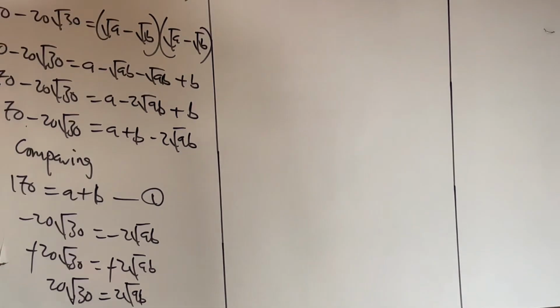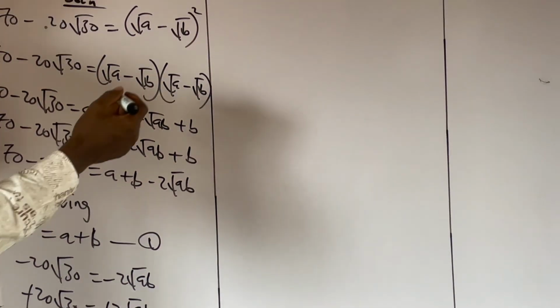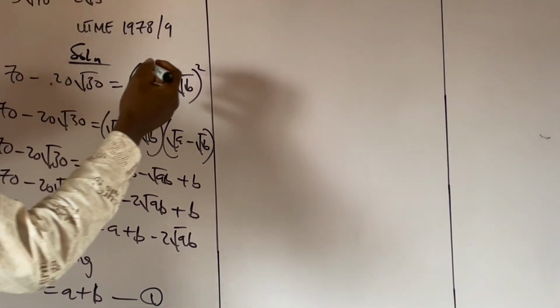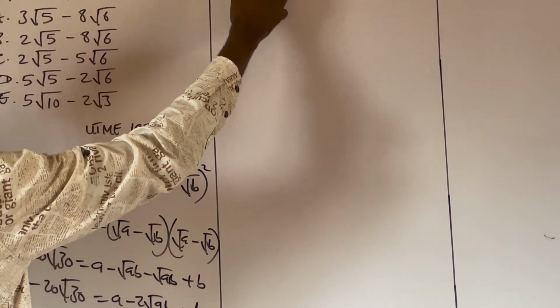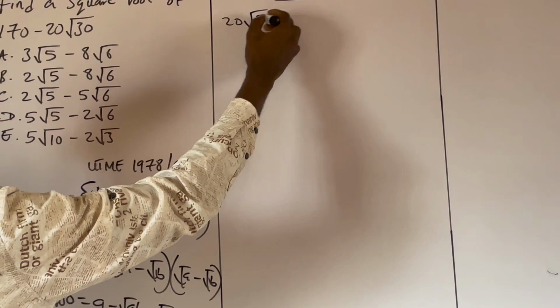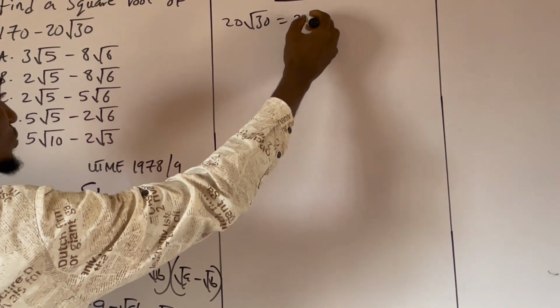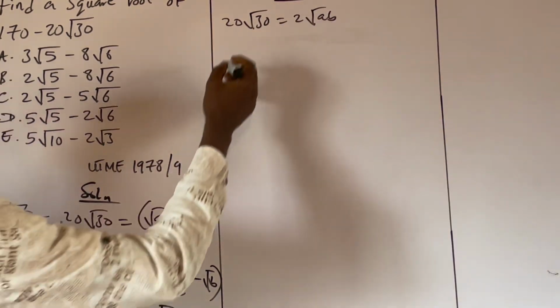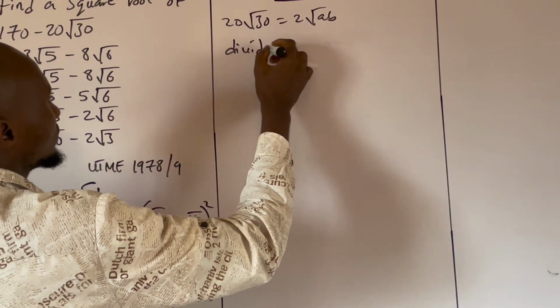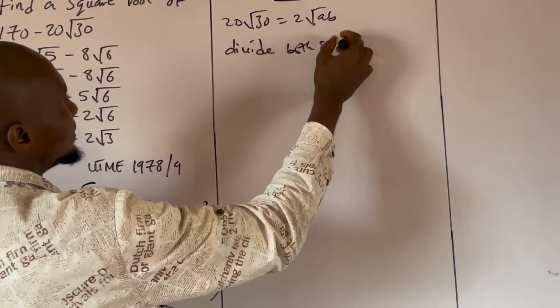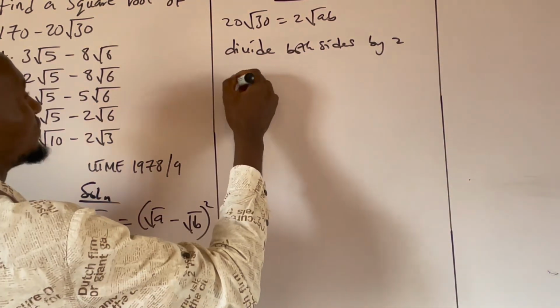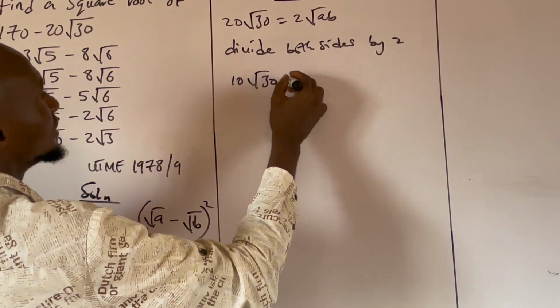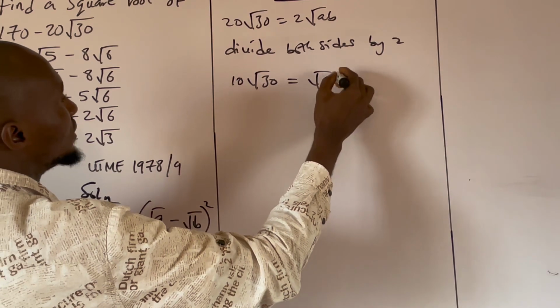Let's continue over there. We have 20 root 30 equal to 2 root AB. Divide both sides by 2. We have 10 root 30 equal to root AB.